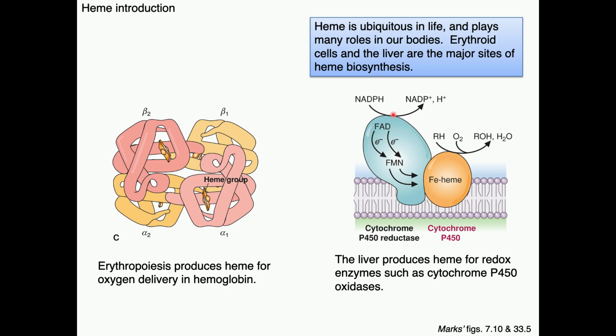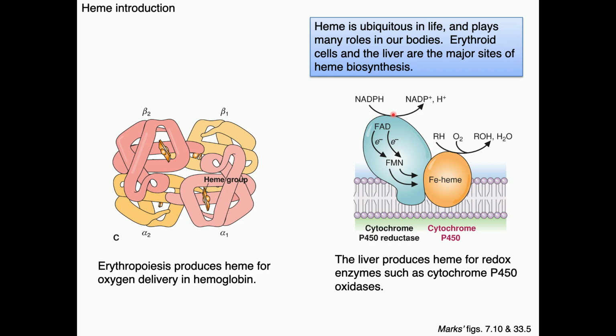So there's a lot of non-hemoglobin uses of heme within our body. But red blood cells are using the most heme, and because red blood cells turn over so rapidly, that's the greatest reason that we do heme synthesis, to support red blood cell synthesis and turnover.